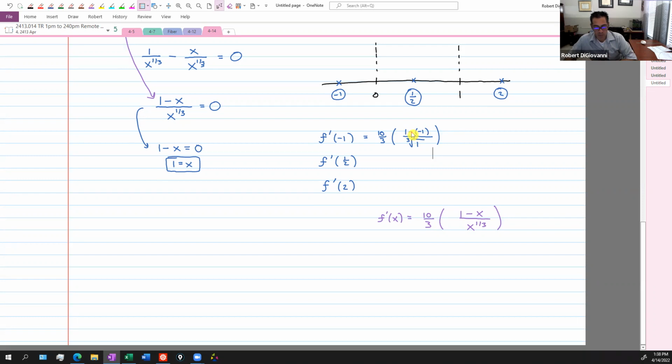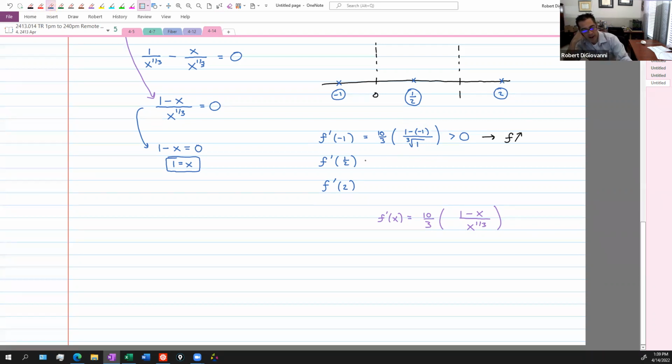This is 1 plus 1, right? So that's 2 over the cube root of 1 times 10/3. Those are all positive numbers, aren't they? So this should be greater than 0. So if the derivative is greater than 0, what does that tell me about my original function? Going up, right? Going up.